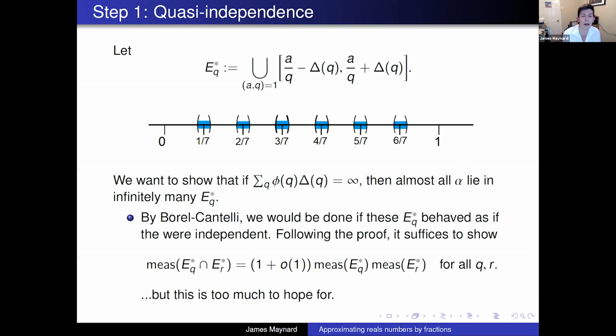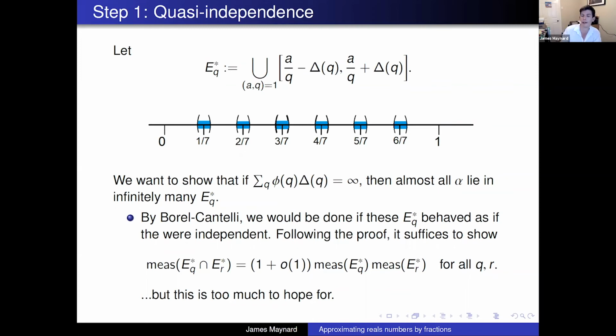So if the measure of E_q star intersected E_r star was approximately the product of the measure of E_q star and the measure of E_r star, and maybe you found some small error terms that went to 0 as q and r got bigger and bigger, then you could adapt the Borel-Cantelli lemma proof, and that would give a proof of what we wanted. This would show some sort of quasi-independence. But unfortunately, this condition on the measures is far too much to hope for.